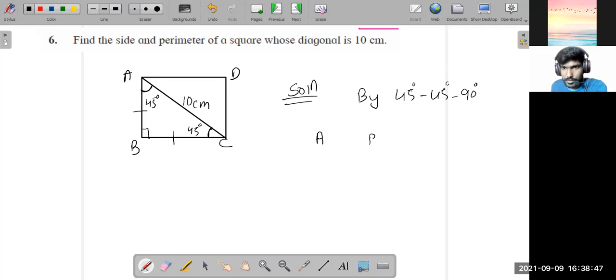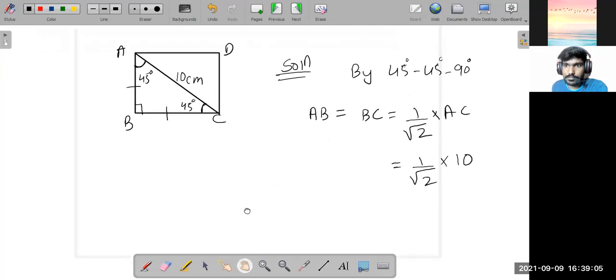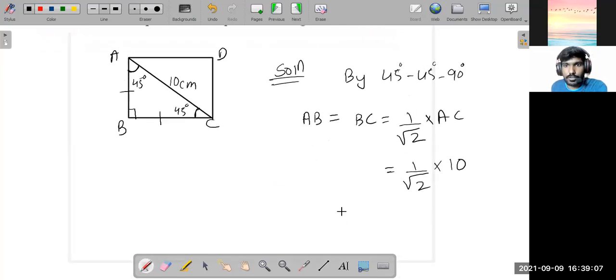Whatever is BC will be equal to AB. So that is 1 upon root 2 times the hypotenuse. The hypotenuse is AC, and its length is given as 10. So BC is equal to 10 upon root 2.